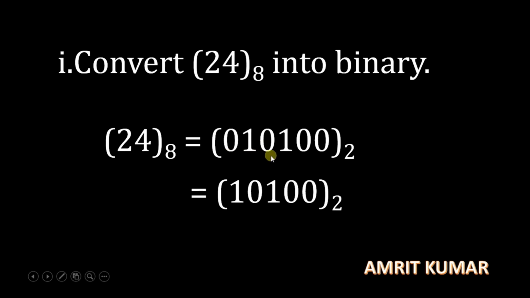So here we know that 4 in the form of binary is represented by 2 to the power 0, 2 to the power 1, 2 to the power 2. So 2 to the power 2 is 4, so here you need to write 1. Therefore this 3 bit group is representing this digit.